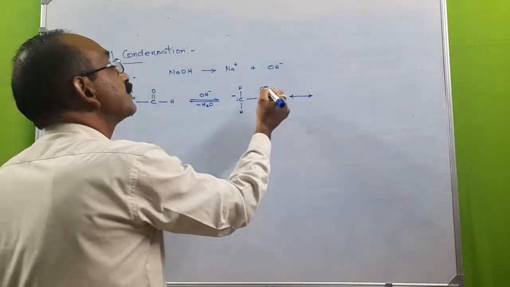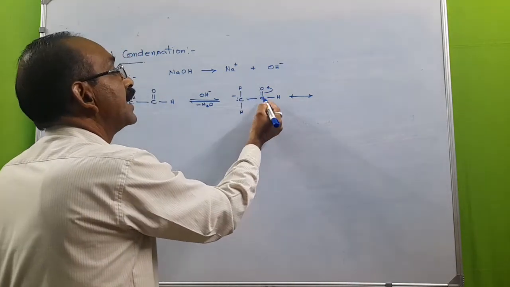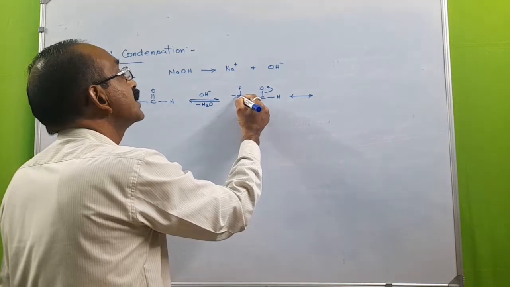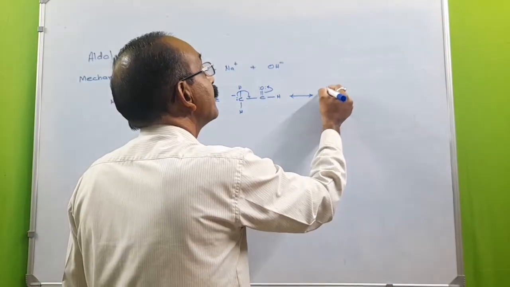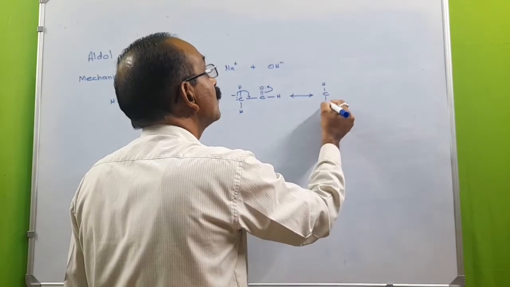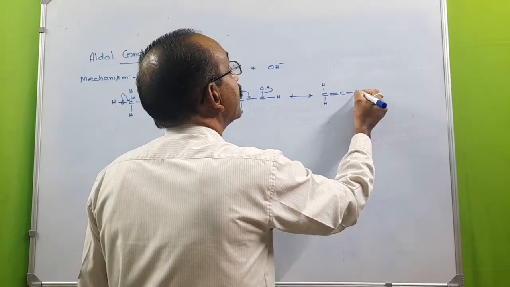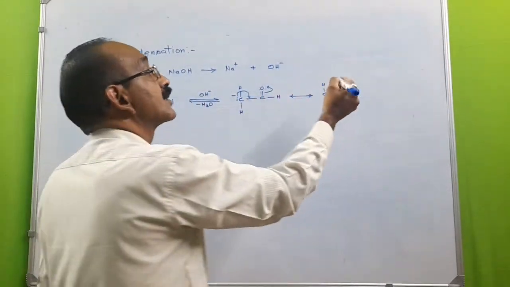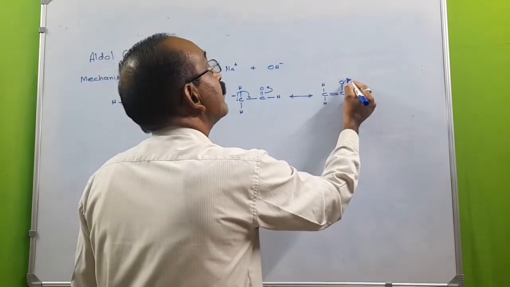See, here there is a resonance, the pi bond shifted over oxygen, and in order to compensate the deficiency of the carbon, these 2 extra electrons shifted in between the 2 carbons. Now here, in between the 2 carbons, a double bond is formed and between the carbon and oxygen a single bond will be left. As the 2 electrons come over the oxygen, it will become negative.